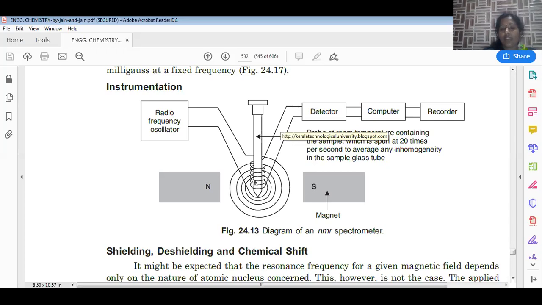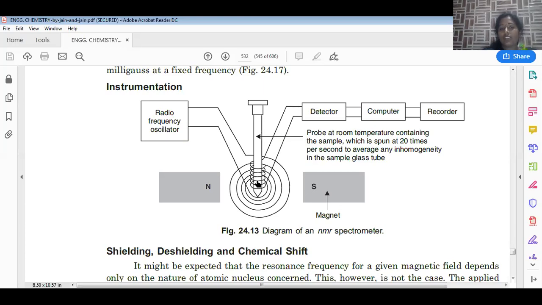That's why we have to take great care. The solvent should be free from protons, so the compound is dissolved in a deuterated solvent suitable to dissolve it.